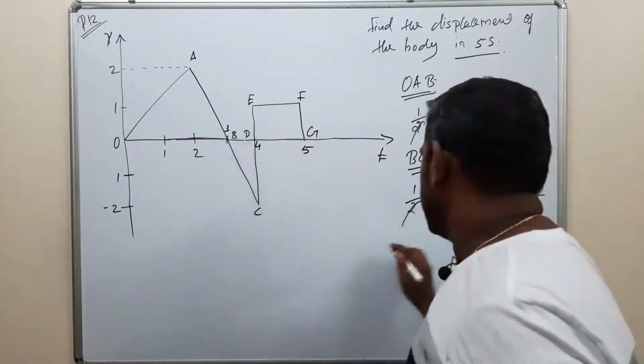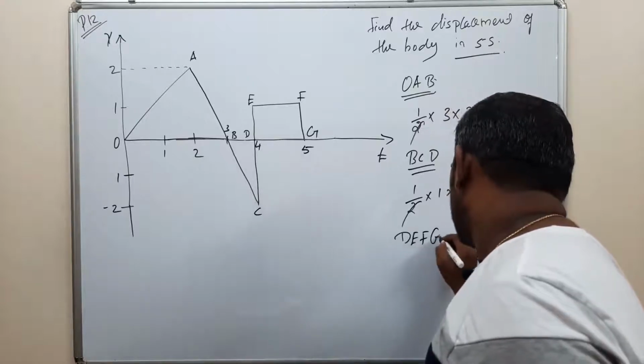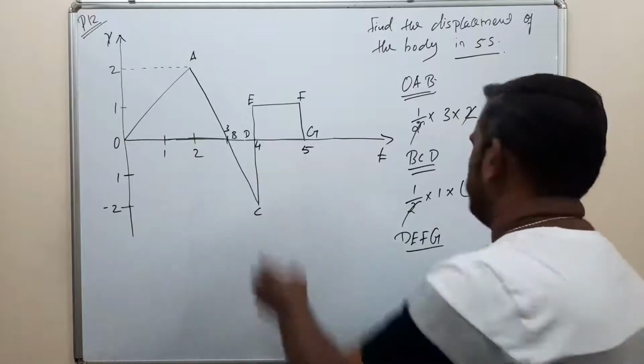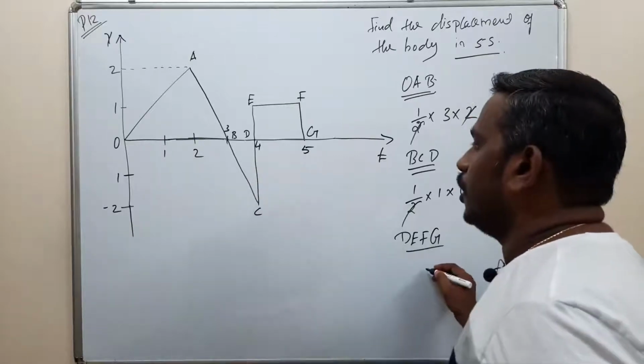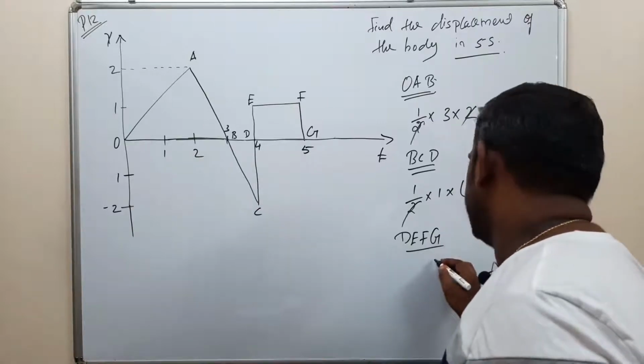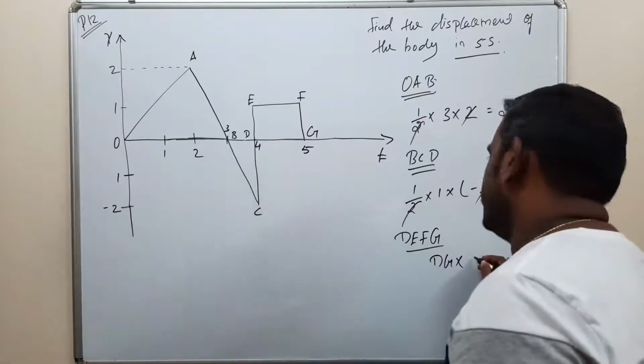Then consider the rectangle DEFG. What is the area? That is length into breadth, that is DG into DE.